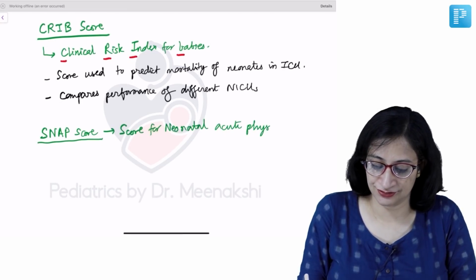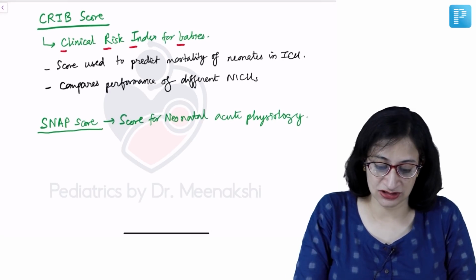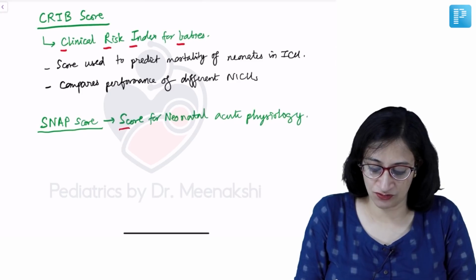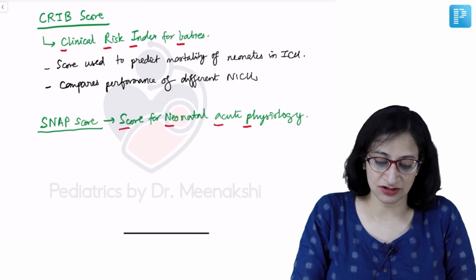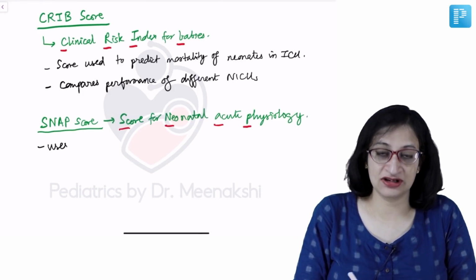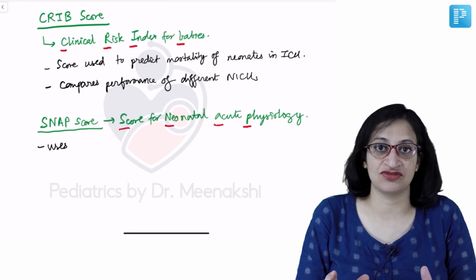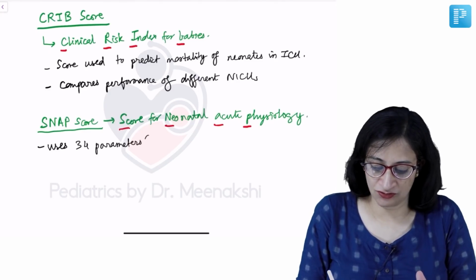Okay. So this is again an acronym, you can see, Score for Neonatal Acute Physiology. This uses some 34 vital parameters. So uses 34 clinical signs as well as investigation findings, which include vital signs and investigation findings.